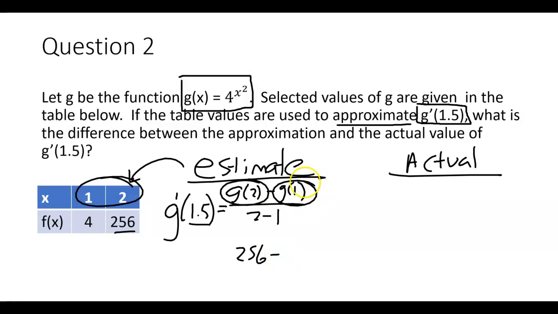G of 1 is 4. 2 minus 1 is 1. And so this comes out to be 252. And I shouldn't put equals there. I should make these squiggly lines because it's approximately equal to, right? This is an estimation. Now let's go ahead and find the actual value.